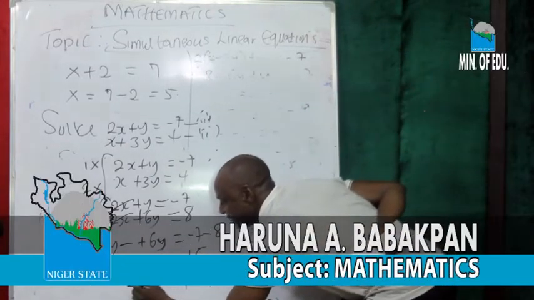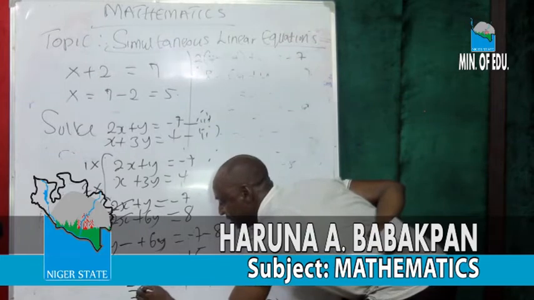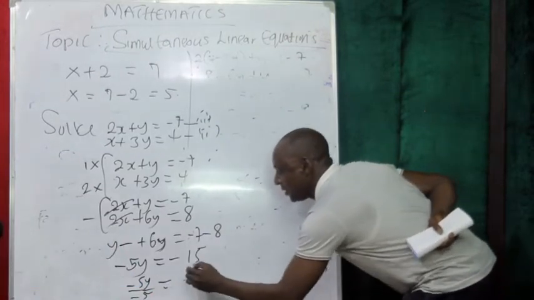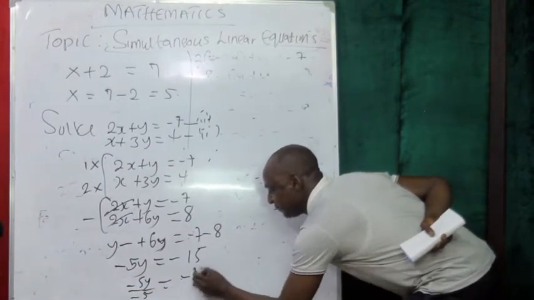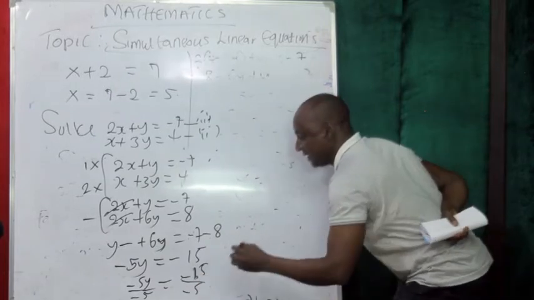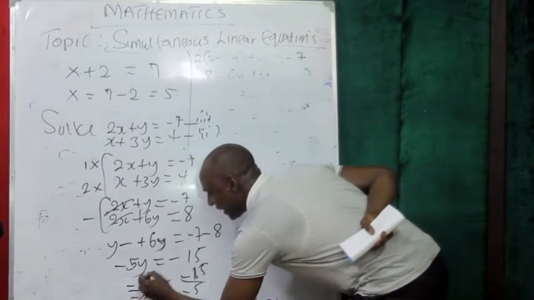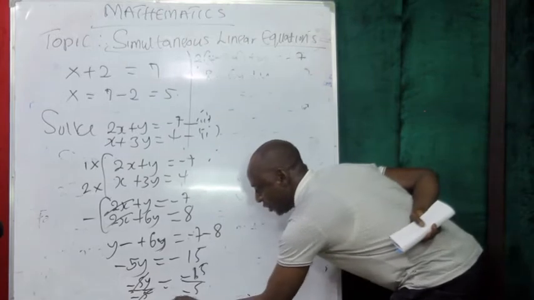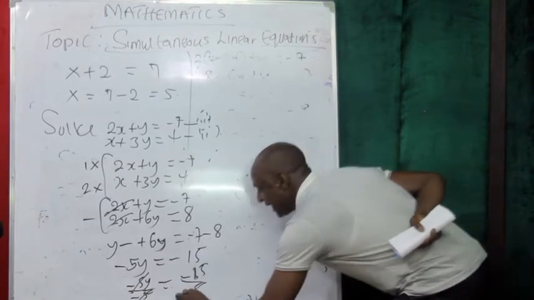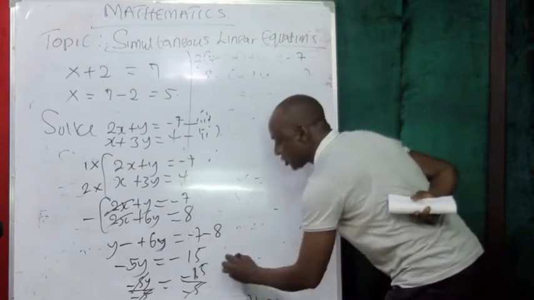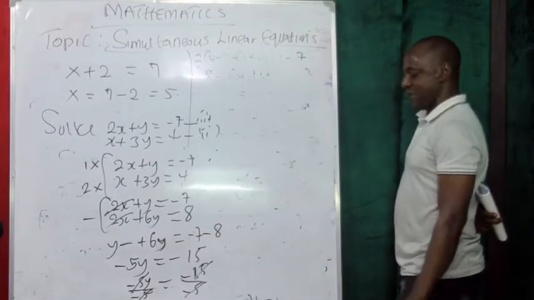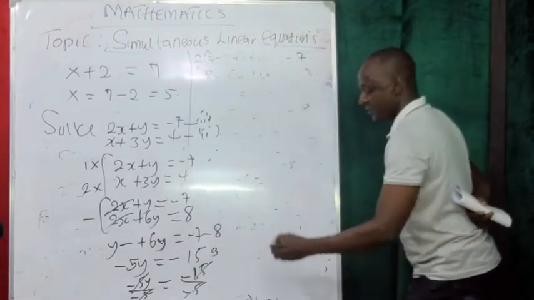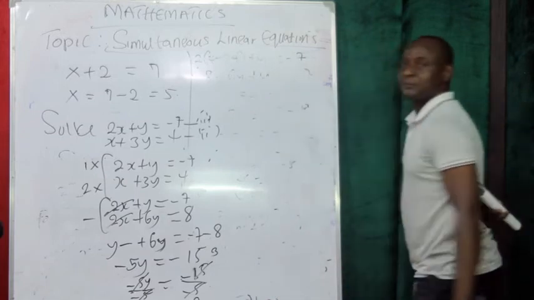You have negative 5y upon negative 5 is equal to negative 15 upon negative 5. And as usual, negative 5 cancels negative 5, you are left with your y equals, also negative 15 over negative 5 gives you 3. So your y is equal to 3.